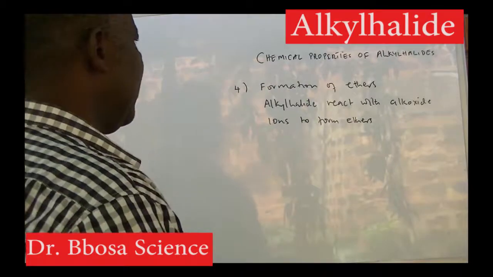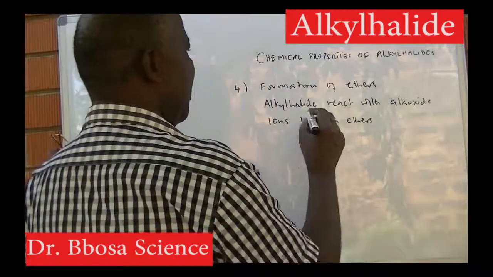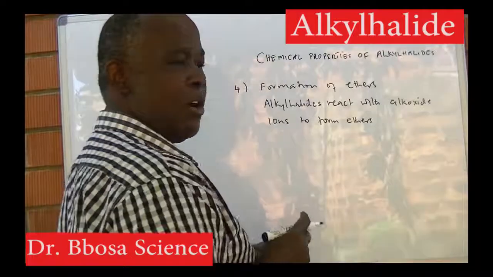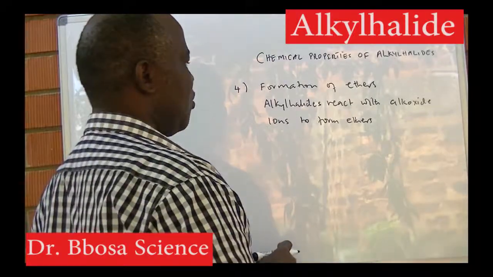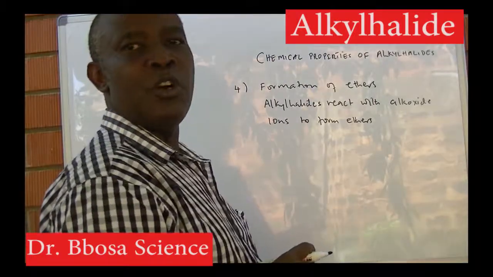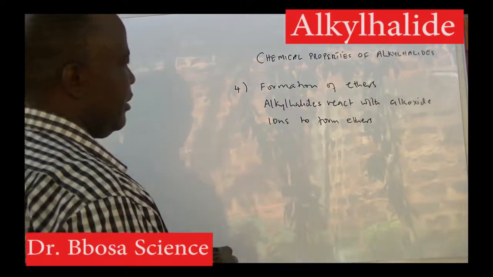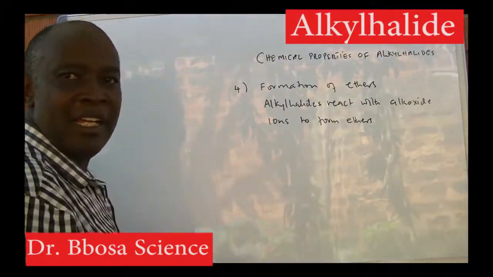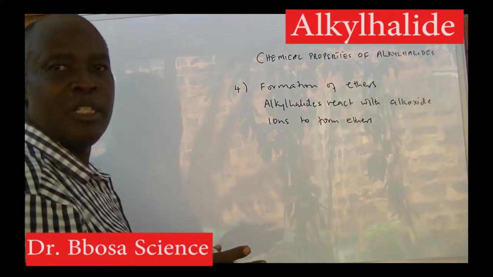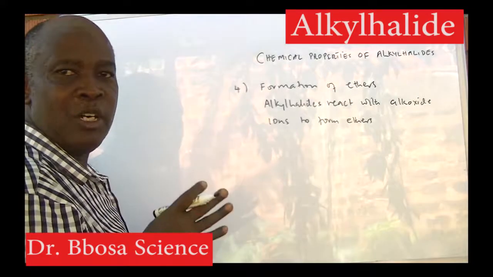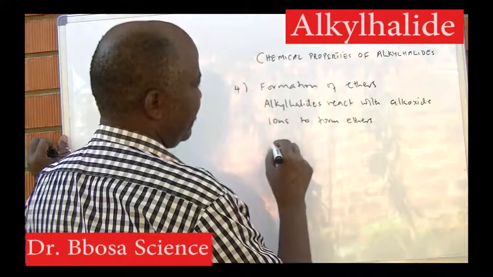Formation of ethers from alkyl halides. Alkyl halides react with alkoxide ion to form ethers. Primary alkyl halides undergo SN2. Tertiary alkyl halides undergo SN1 mechanism.